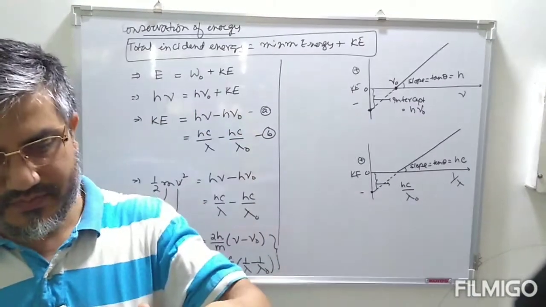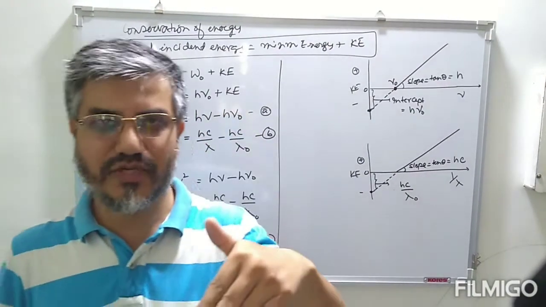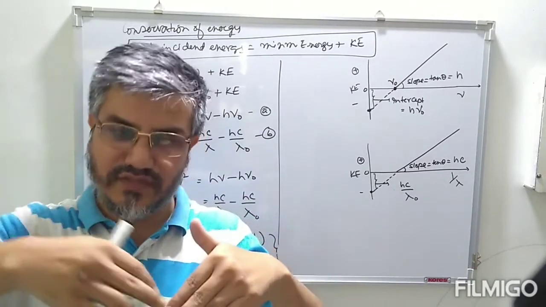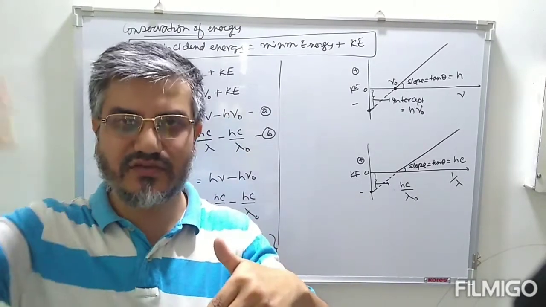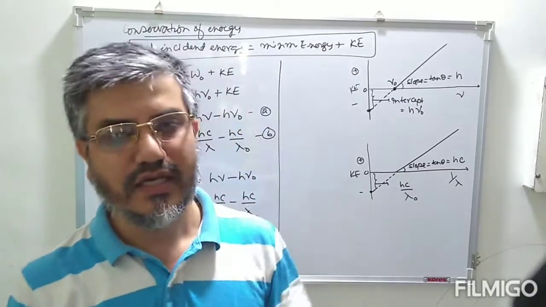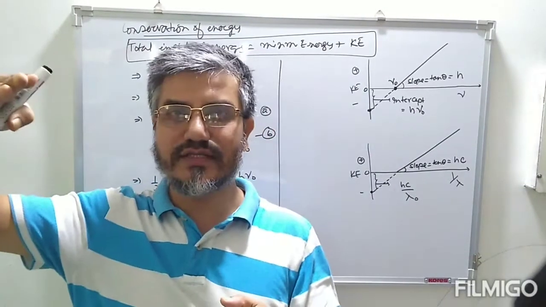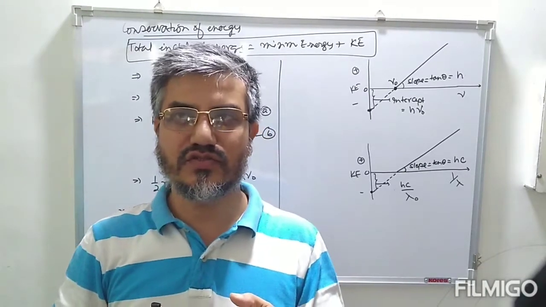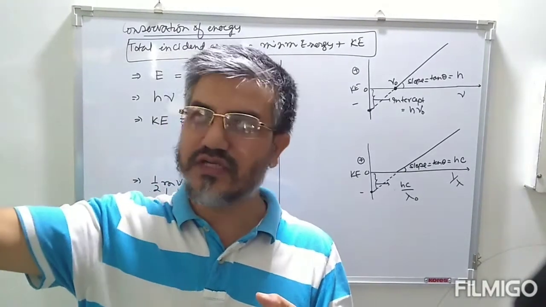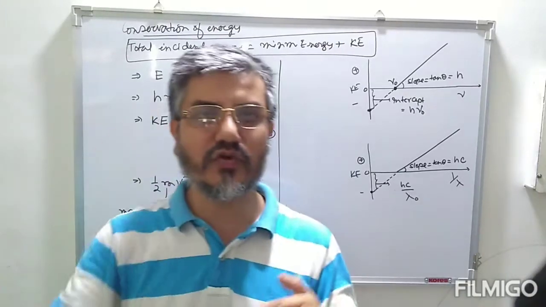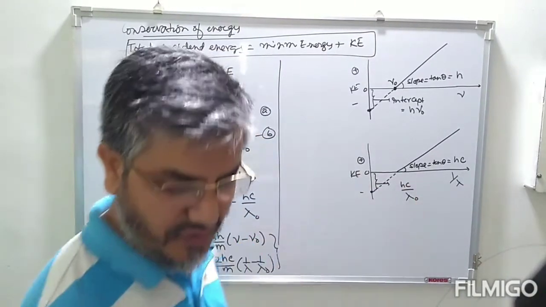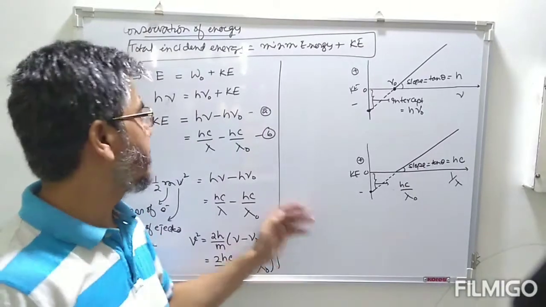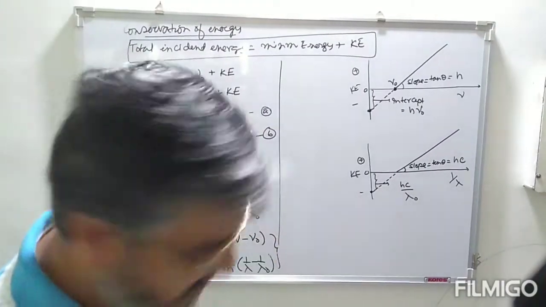So when light falls on the surface of metal, electrons are ejected. Because of this ejection of electrons, photoelectric effect occurs. Now we apply some force from outside such that there is no ejection of electrons. So the force or the energy required to stop photoelectric effect is known as stopping potential. So that stopping potential must be equal to kinetic energy.